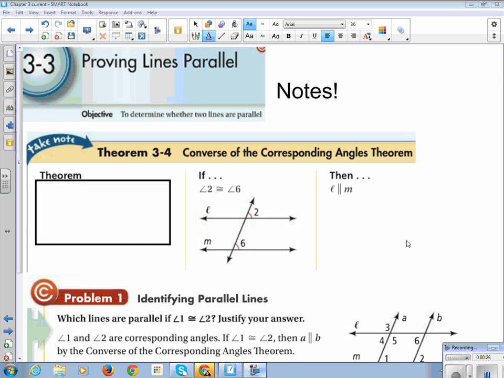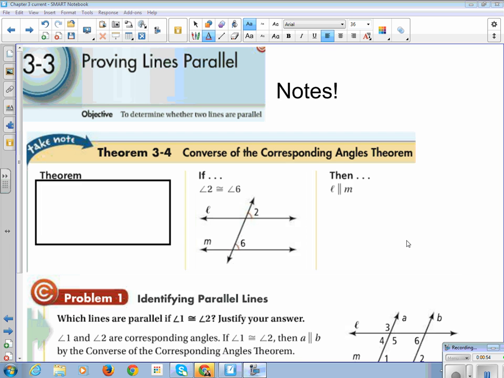All right, so the first item we're looking at in the section is Theorem 3-4, converse of the corresponding angles theorem. So converse, we learned, means we're switching the conclusion and the hypothesis around. We learned that in the last chapter, in chapter 2.